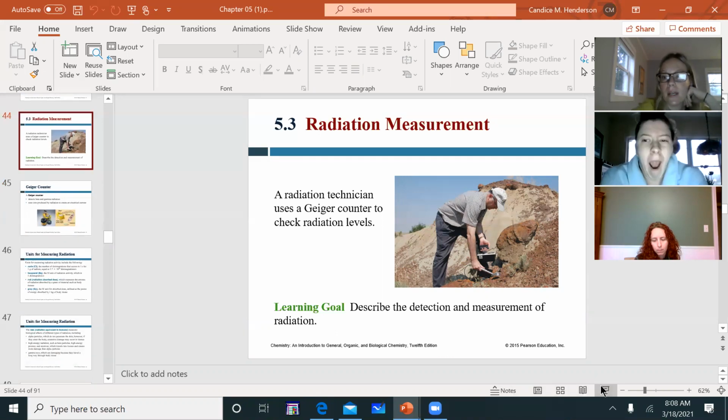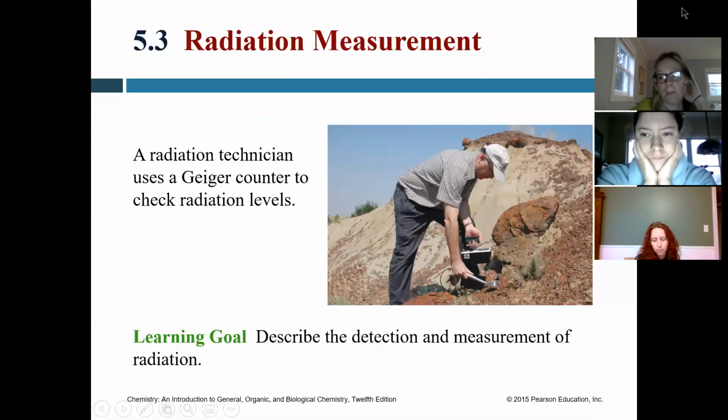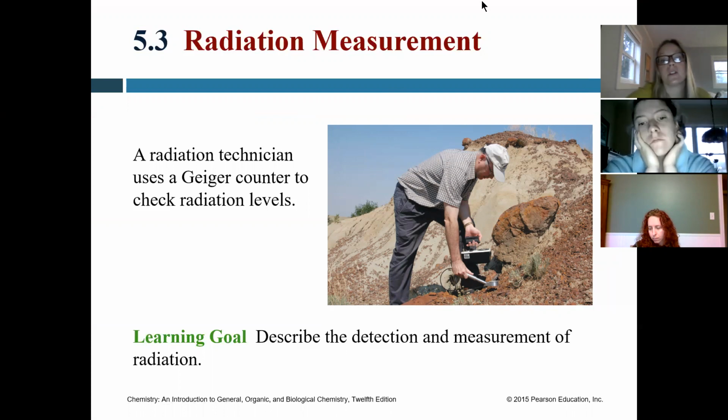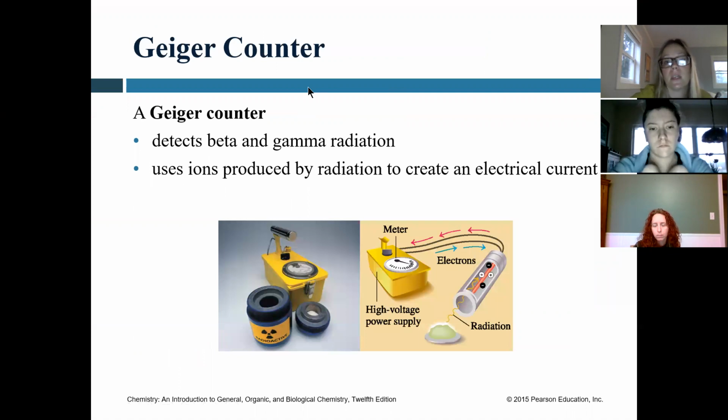So when measuring radiation, because different things give off different amounts of radiation, some things give off a really small amount of radiation that's relatively harmless. There's always a background level of radiation that we're exposed to anyway. But certain things have higher levels of radiation, so we can measure them using a Geiger counter. So here's a Geiger counter.